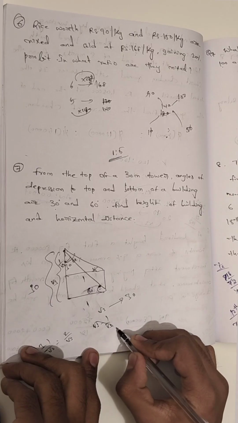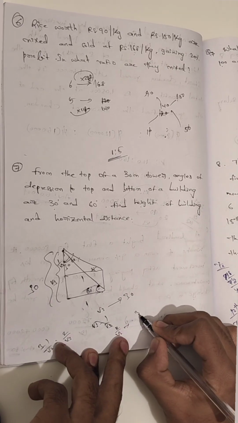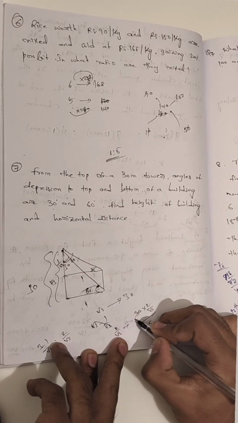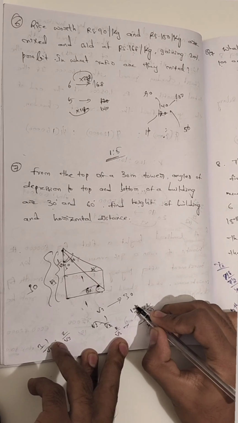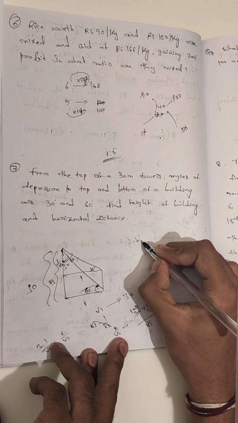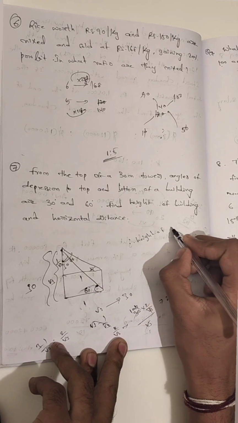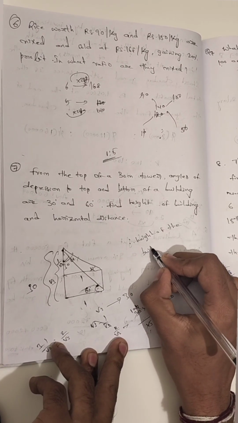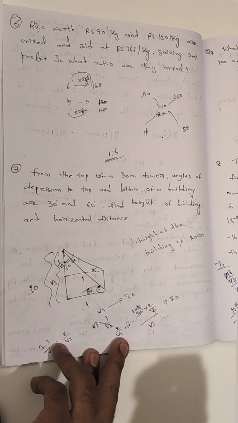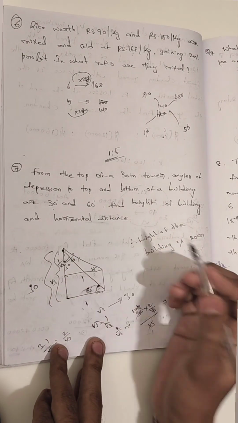Okay, here it is 2 by root 3. 30 into 2 by root 3 by root 3, it cancels. 10 root 3, root 3 get cancelled. 20. The height of the building is 20 centimeter, and they are again asking for the horizontal distance.